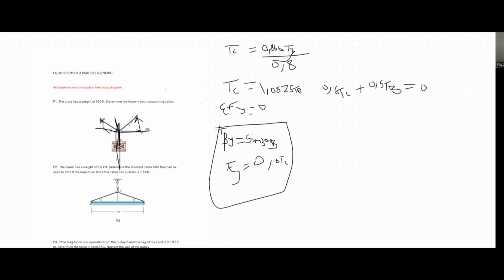So this is our equation one, TC is our equation one, and this one is our equation two.